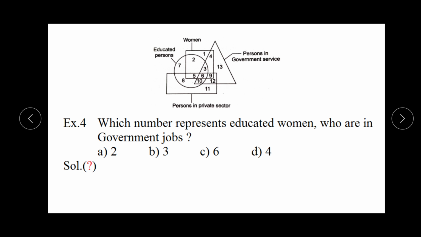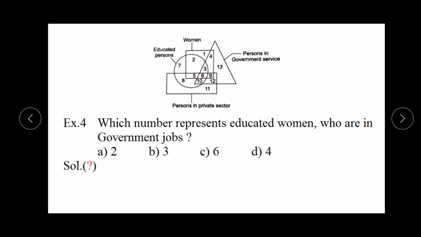First we will check that in this region these are the educated women, and with this we have to find out those in government jobs. It means we will check which region has women, educated persons, and persons in the government service also.